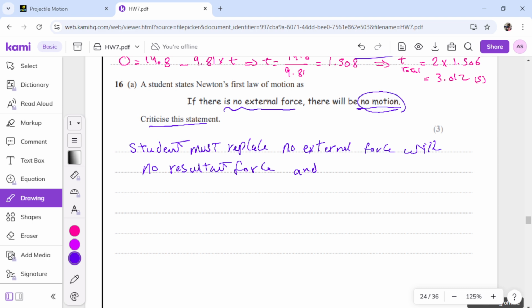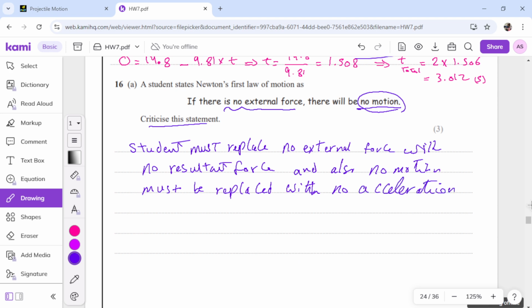And also no motion must be replaced with no acceleration or no change in velocity.